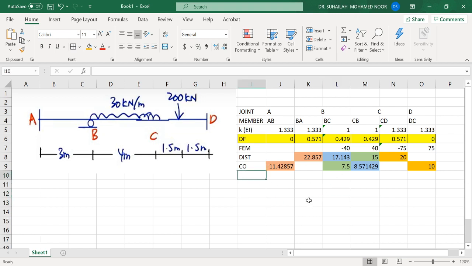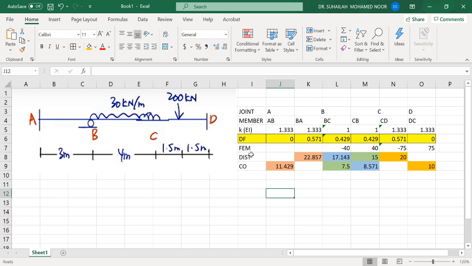So after this, I want to reduce this first. Why I want to show you how we analyze using Excel is because using Excel the process of doing the moment distribution method will become very easy. I have set the formula for distribution and carryover only once.